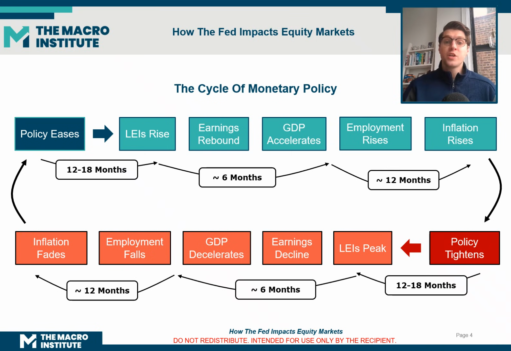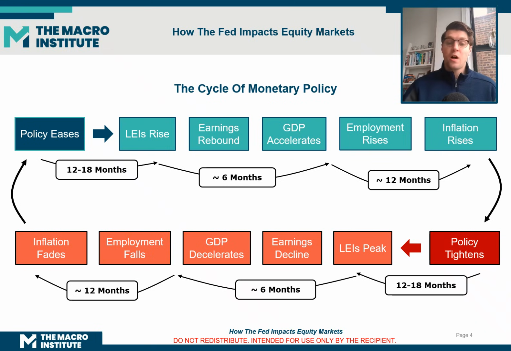Eventually, inflation is going to get so high that the Fed decides to tighten policy. So now we move down to the bottom row. So here they're starting to raise the federal funds rate, and you basically see the opposite happen in a very similar timeline. So LEIs, or proxies of growth, will peak, earnings will decline, GDP will decelerate, companies start to feel worse, growth is slowing or it's contracting, and so they're not hiring as many people.